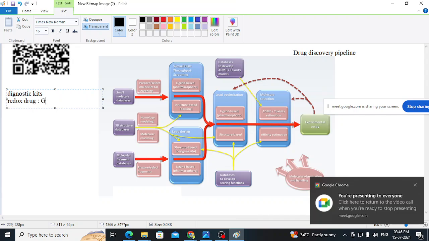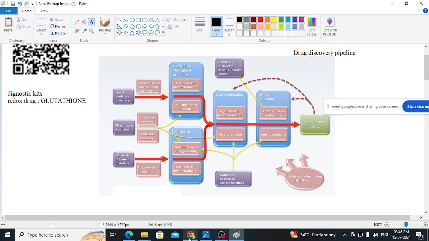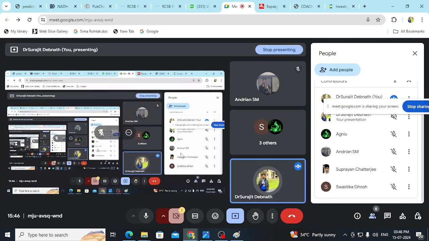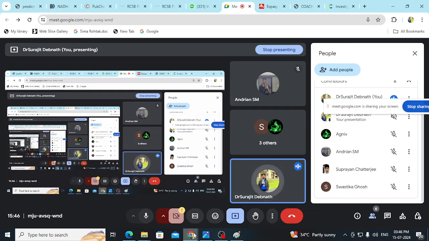Let us say glutathione. How many of you have heard about glutathione? Glutathione is a wonder drug which acts as an antioxidant, mainly for liver damage. Those people who have a highly intoxicating nature will end up with so many free radicals in their system, which are basically neutralized in the liver parenchyma.